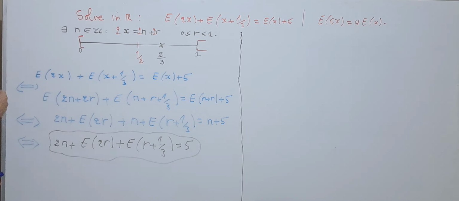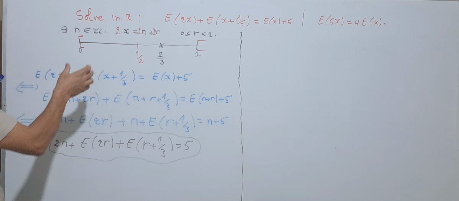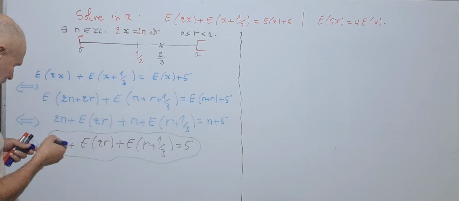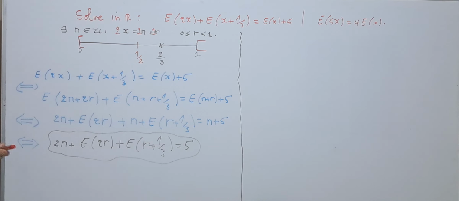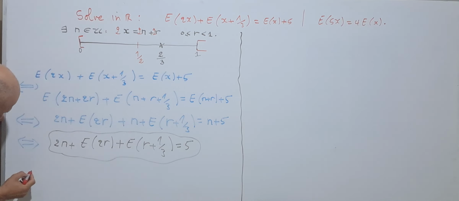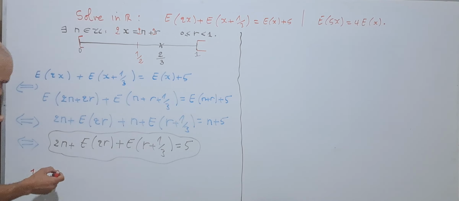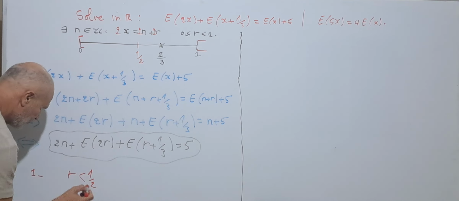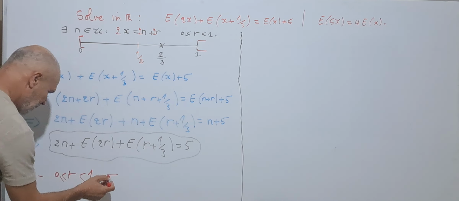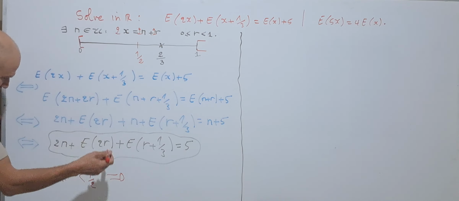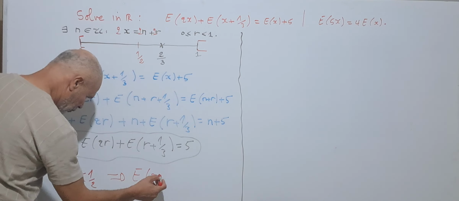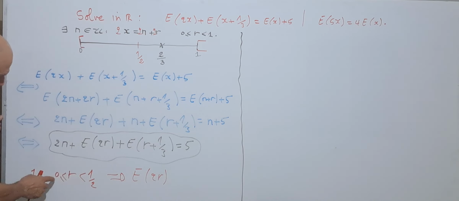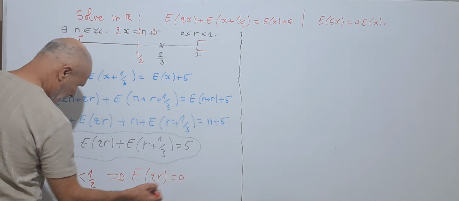Turn back to solving this equation. Here we will discuss by region. This is the first case: if r is strictly less than 1/2 and greater or equal to 0, we get the integer part of 2r, since 2r is strictly less than 1 and greater or equal to 0, equal to 0.